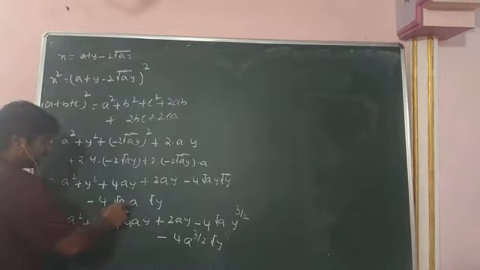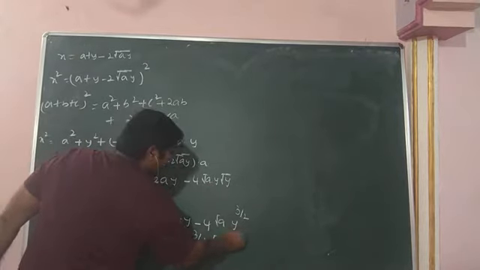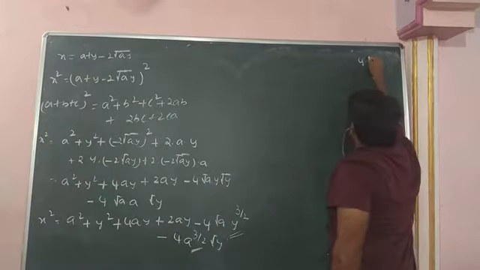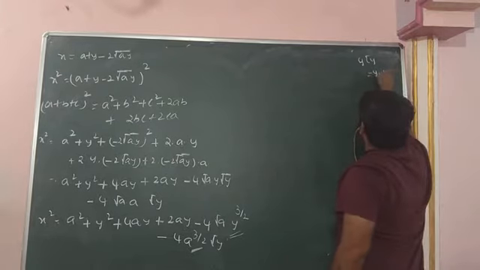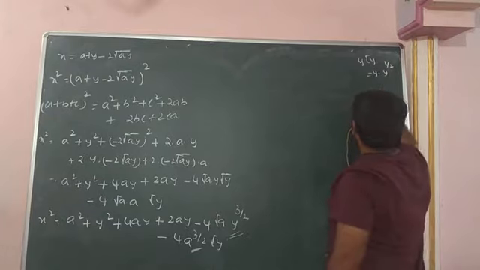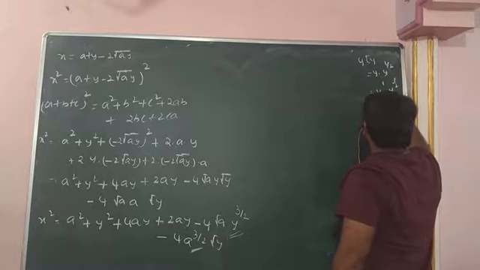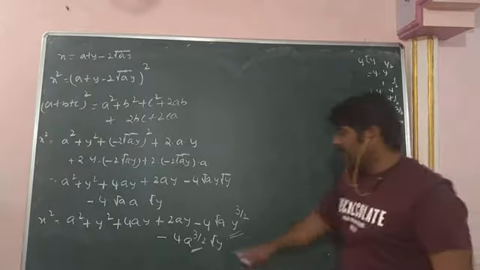Root a into root a is nothing but a power of 3 by 2, and y into root y is nothing but y power of 3 by 2. How do we get this? Y into root y can be written as y power of 1 into y power of 1 by 2. If the bases are equal, then we add the powers: y power of 1 plus 1 by 2, that value is equal to 3 by 2.